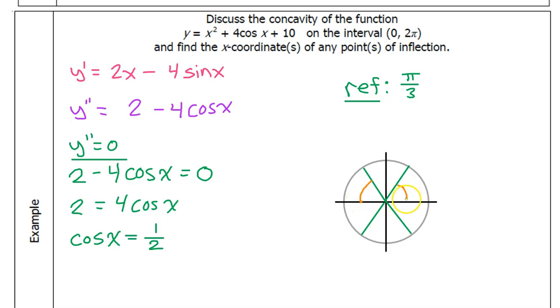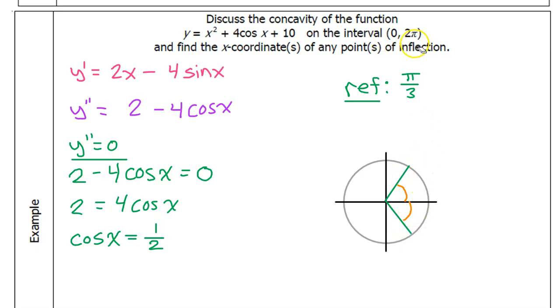Every quadrant has an angle with a reference angle of pi over 3. However, cosine is the x value on the unit circle, and x values are positive on the right-hand side and negative on the left-hand side. In this case, we want cosine to be positive 1/2. So we will disregard these two potential solutions.